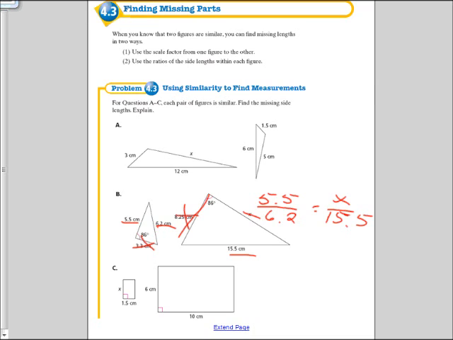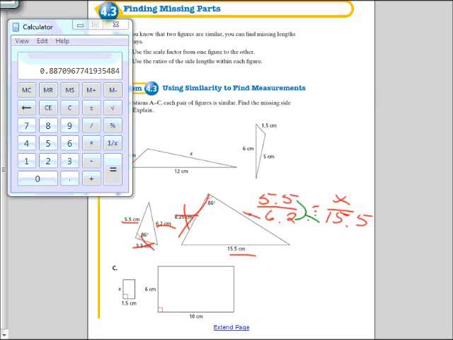Again, 2 different ways to solve for that missing one. First of all, I divide 5.5 divided by 6.2. On my calculator, that's going to show me that the ratio is 0.887096. So one big number.